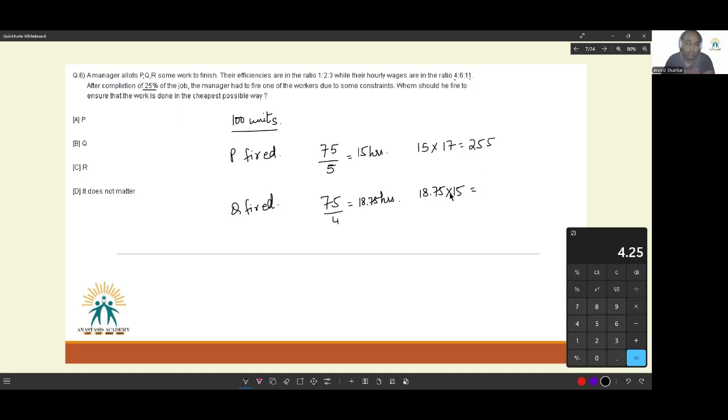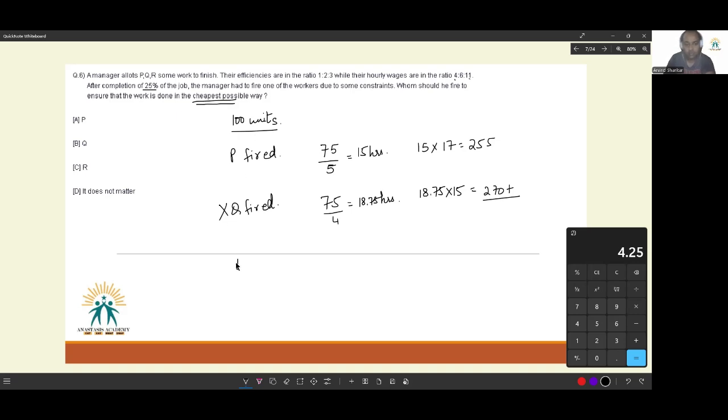Now, 18 into 15 is already 270 plus. Precisely how much is it? If need be, I can calculate it, but it will be 281.25 most likely. But it is 270 plus, and I know I have to find the person to be fired in the cheapest way possible. I know this value is higher than 255, so this is definitely not the answer.